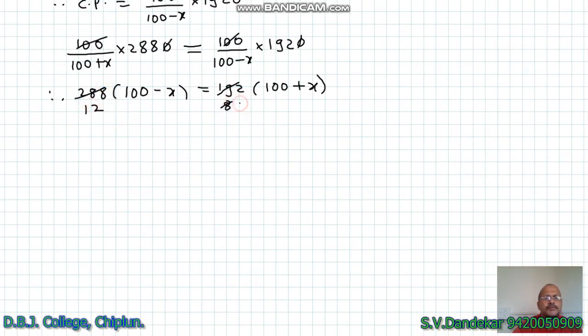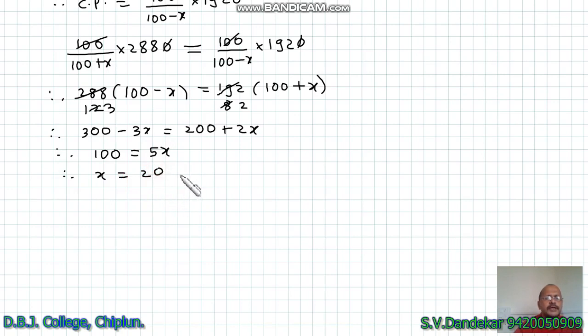Again I can divide by 4. 4 2s are 8, 4 3s are 12, and therefore 300 minus 3x is equal to 200 plus 2x, and therefore 100 is equal to 5x, and therefore x is equal to 20, and therefore cost price is equal to 100 upon 100 minus 20 into 1920.